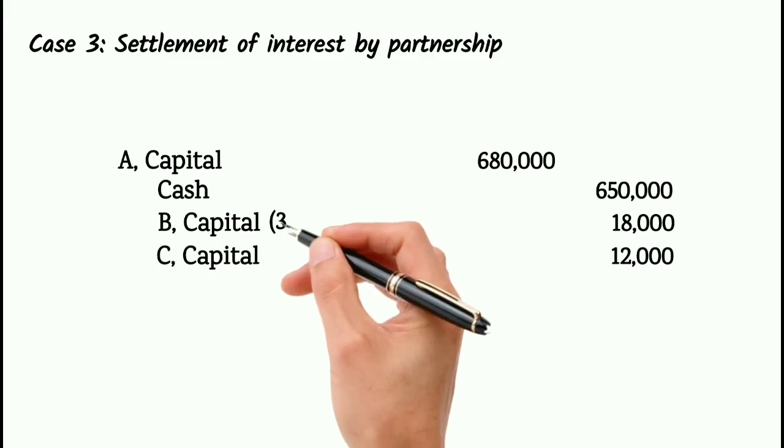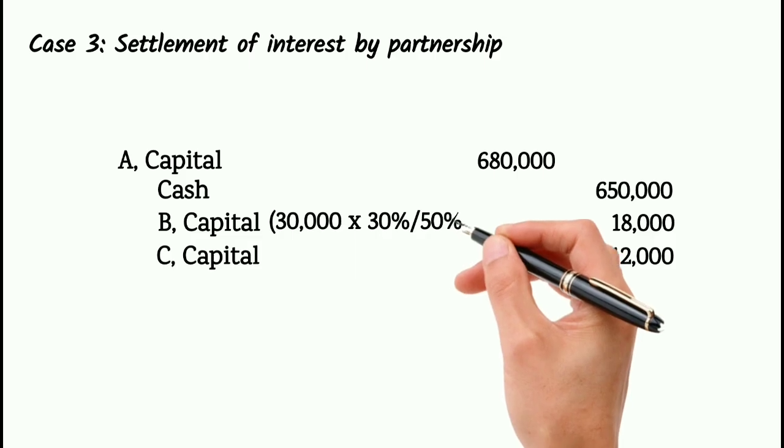Yung 650,000 pesos, yan yung payment ng partnership kay partner A. Since mas malaki yung capital ni A before retirement na 680,000 pesos kaysa doon sa payment ng partnership kay partner A na 650,000 pesos, may bonus to B and C. Yung difference ng 680,000 pesos at 650,000 pesos, yan yung i-allocate natin kay B at C. 680,000 pesos minus 650,000 pesos, ilan yan? 30,000 pesos.